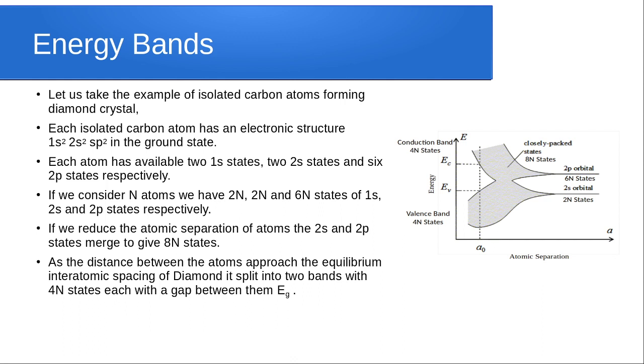Further reducing the atomic separation until it reaches the equilibrium interatomic spacing, it will split into two bands with 4n states each, and each band is separated by a gap, also known as the forbidden gap, which is the energy band gap.